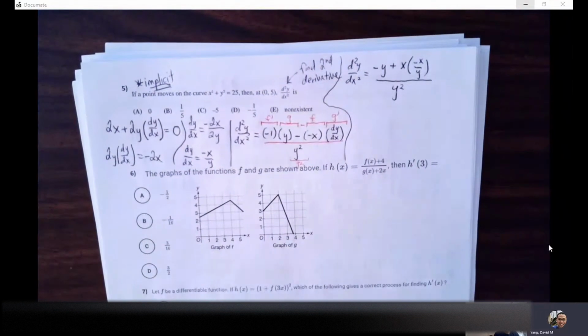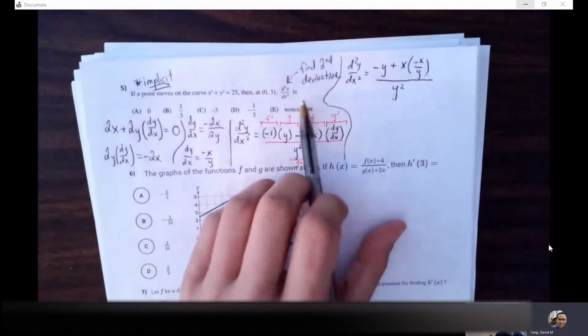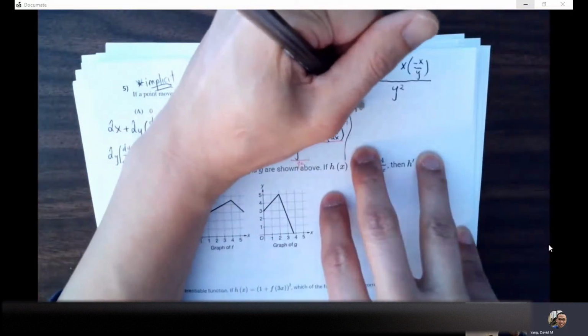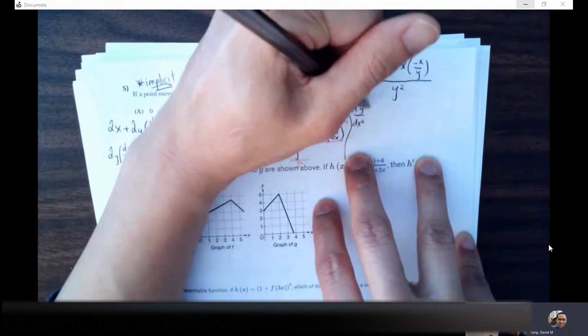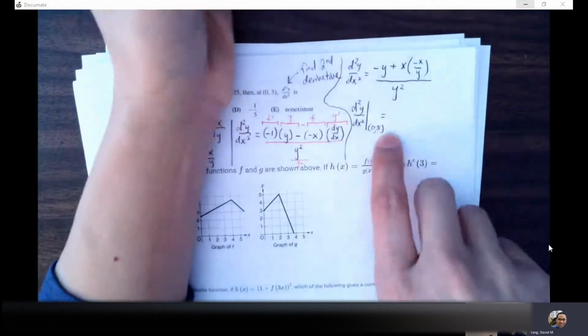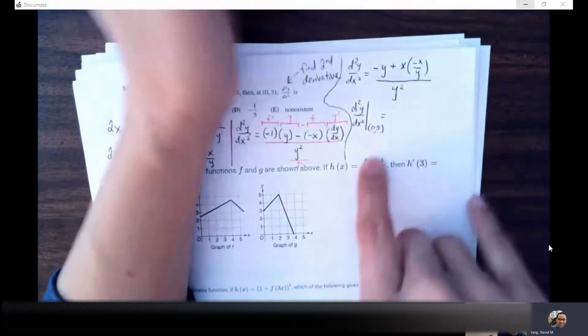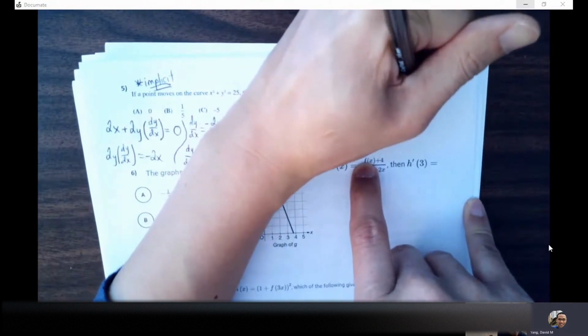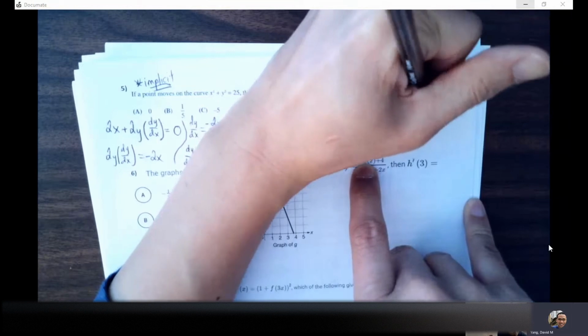All right, I think I'm ready now. Replacing every x and y with 0 and 5, and that should allow me to get to the value at that second derivative. So replace x with 0, replace y with 5. x times x, so that's 0 squared over 5, all over 5 squared.